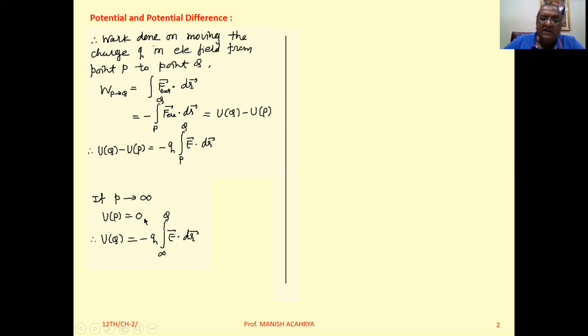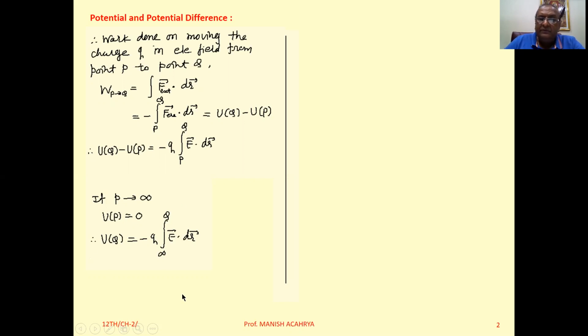So we can write UP is equal to 0. Then UQ is equal to minus Q integration infinity to Q E dot dr.